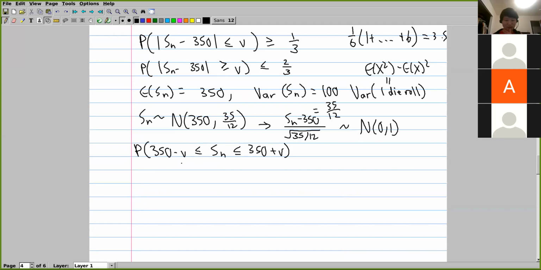Okay, so now we can shift this. First I subtract away the mean so that it's centered at 0. And then I want to divide by the square root of the variance, so divide everything through by the square root of this.